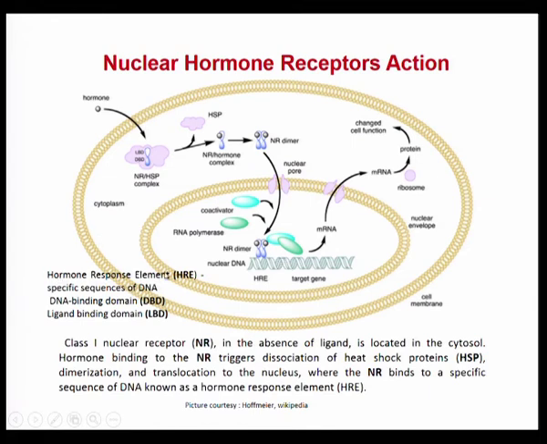Hormone response element. Basically HRE is a DNA sequence, and this DNA sequence is a signature sequence which is unique for specific hormones and hormone related functions. Now this HRE is basically the DNA binding site for the nuclear receptor dimer with the ligand.